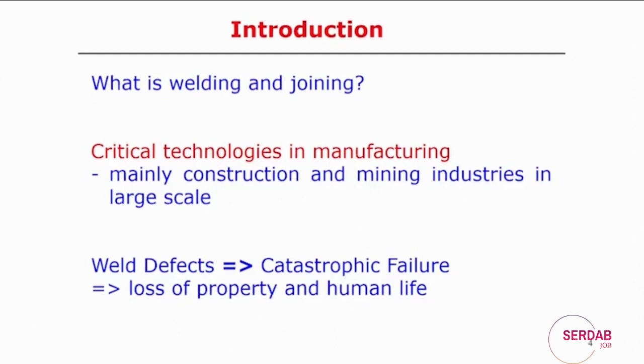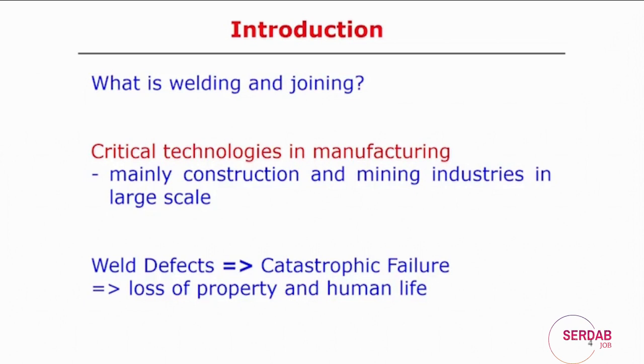Normally welding involves fusion, and joining processes may be in another way, for example, when you use fasteners, mechanical riveting, to join two components, that is also termed a joining process, but there is no need for any kind of fusion or atom to atom covalent bonding in that case.